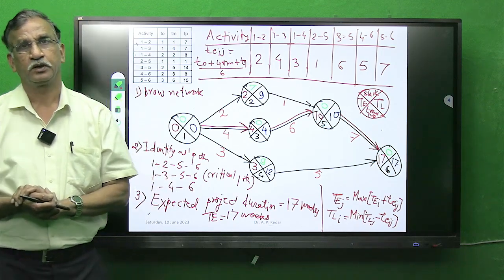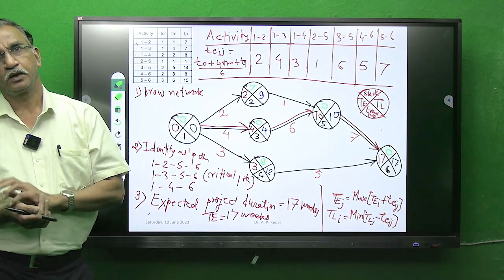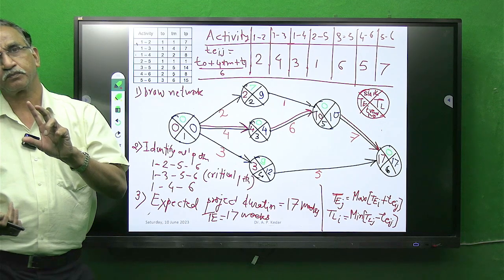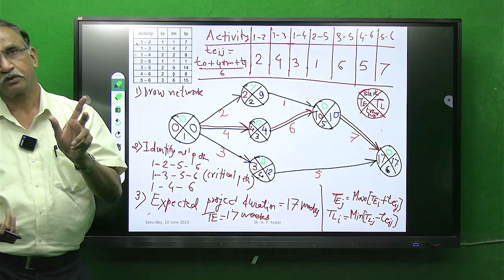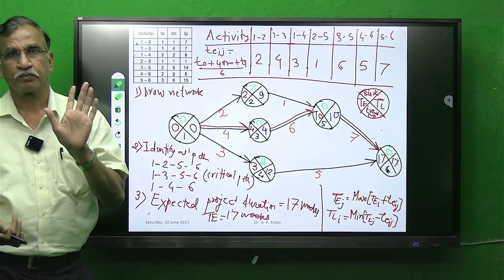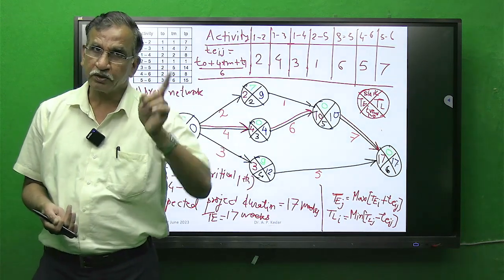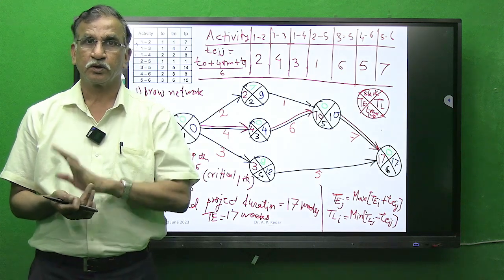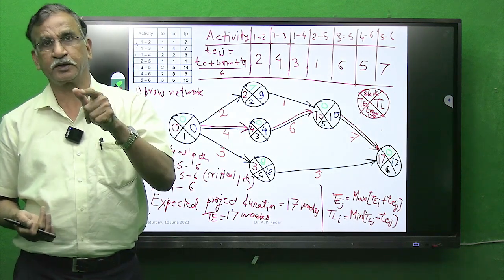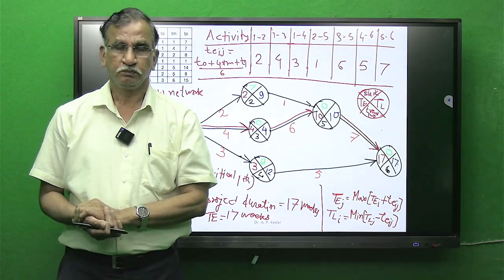So students, first is 13 weeks, we have to find probability. Second, 21 weeks, we want to find probability. Third one, during expected duration.